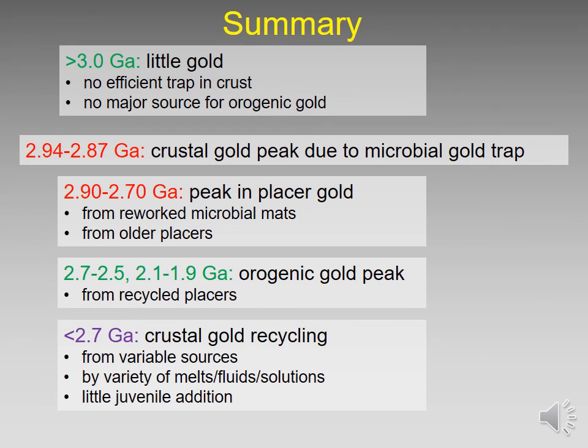And last but not least, we can also state that all the younger gold deposits, the great variety of gold deposit types that the students amongst you have to learn in your economic geology classes, are effectively nothing else but repeated recycling of gold that became initially concentrated on the Earth's surface at around 2.9 billion years ago by this microbial activity.